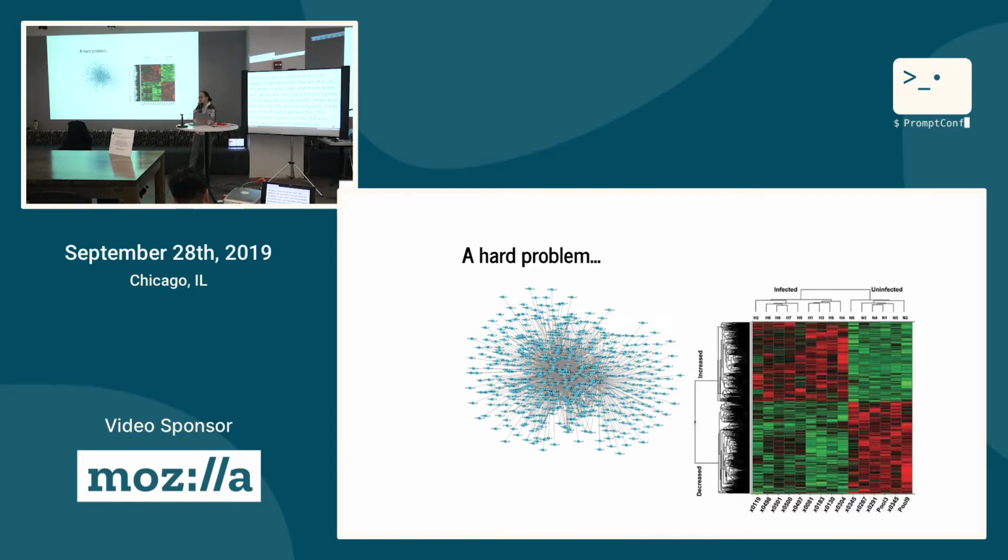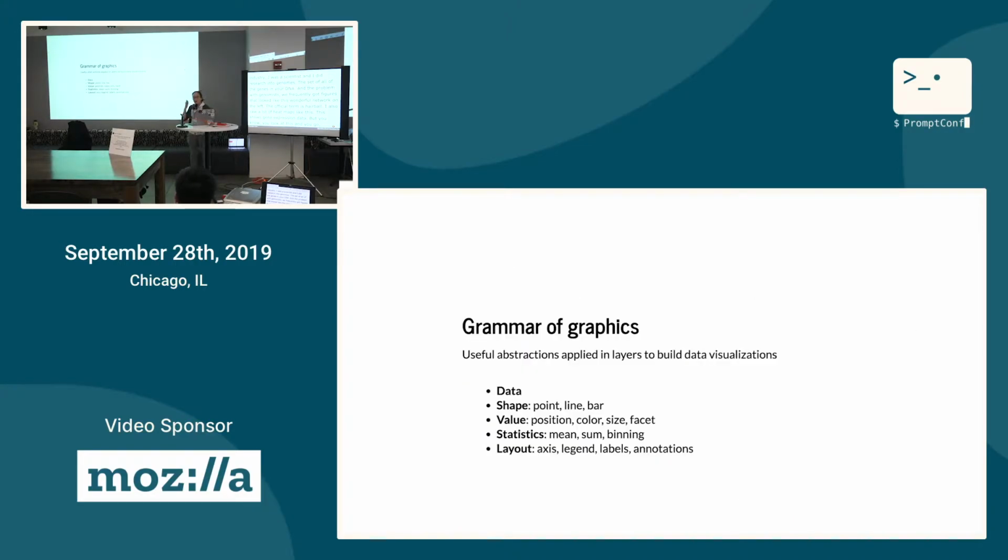But that's easier said than done, especially when you're working with big, complex data sets that have a lot of variables, and you want to reflect all the relationships between those variables. And one of the things that I came across that really changed the way I thought about this problem was this concept called grammar of graphics.